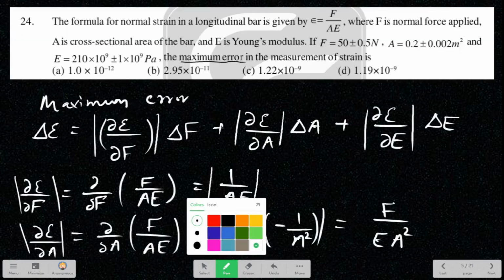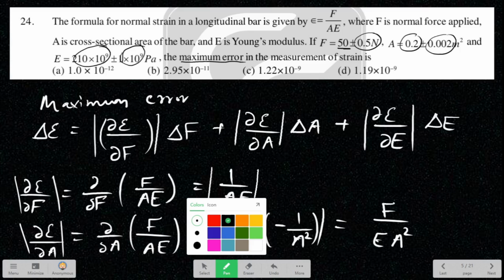Now F is equal to 50, delta F is equal to 0.5 Newton, A is equal to 0.2, delta A is 0.002, E is equal to 210 into 10 raised to 9, delta E is 1 into 10 raised to 9.